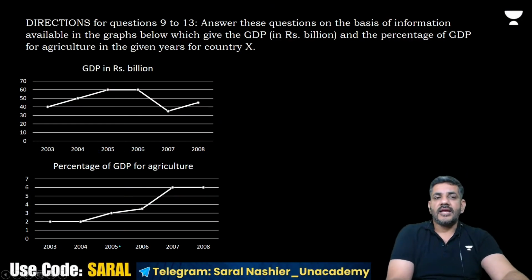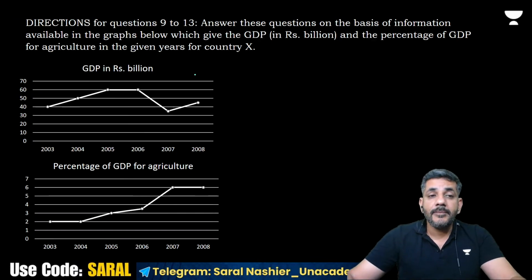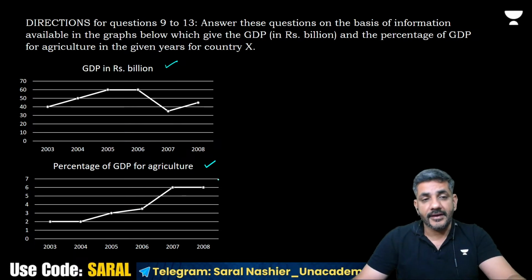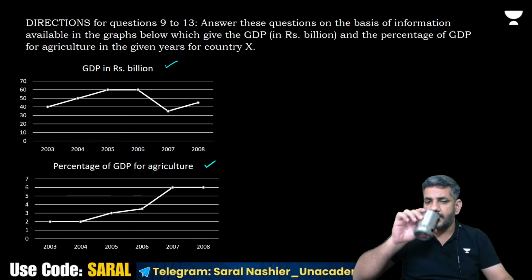Now we start with our next set, number 9 to 13, which has some data of GDP in rupees billion and percentage of GDP for agriculture. Just have a look at this.